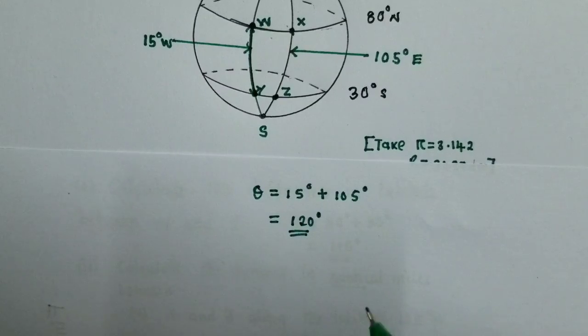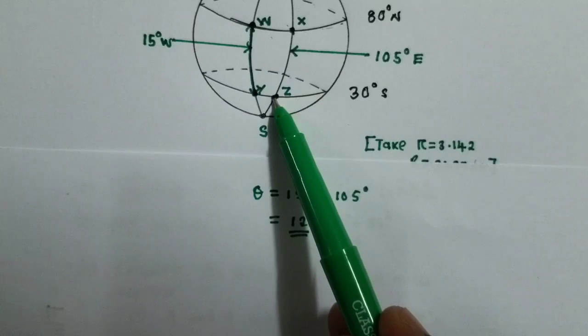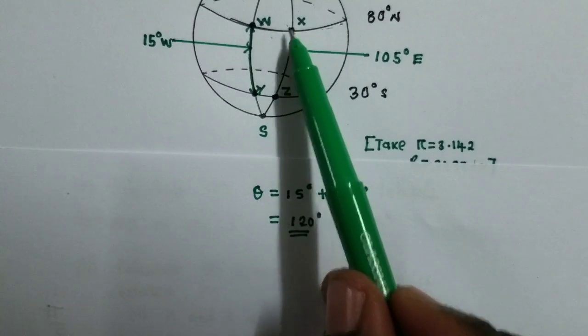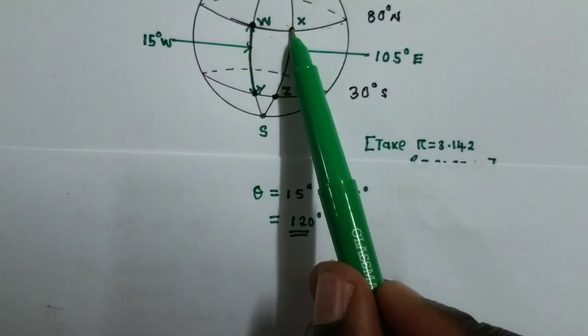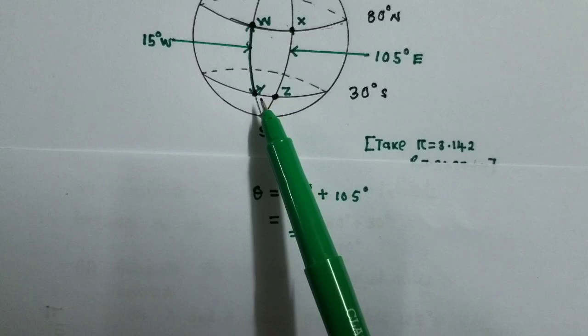This is our theta. The difference from here to here is the same as from here to here. So that's how it is.